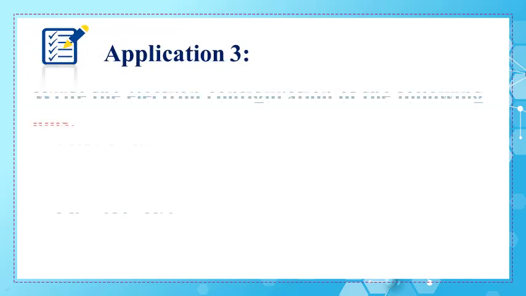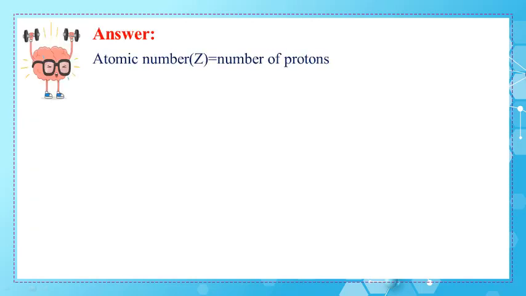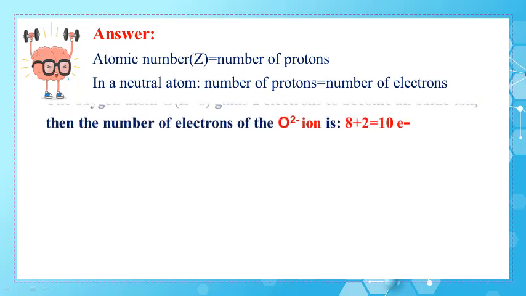In application 3, you have to write the electron configuration of the following ions: O2-, Cl-, Al3+, and Na+ ions. In your answer, don't forget to write that the atomic number Z is equal to the number of protons, and in a neutral atom, the number of protons is equal to the number of electrons.